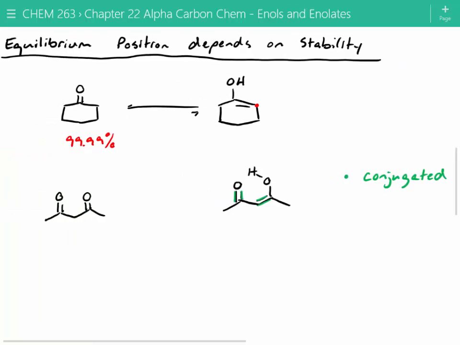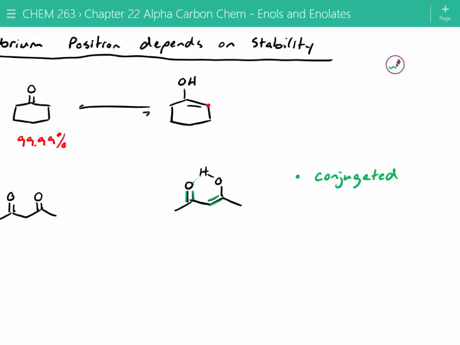And there's also another really unique feature going on here. Does anybody spot it? Could the oxygen attack the carbon? It's not exactly an attack, but we do have a lone pair. And so what happens is you get intramolecular hydrogen bonding occurring, and that's highly stabilizing. So in this case, we get an intramolecular H bond.